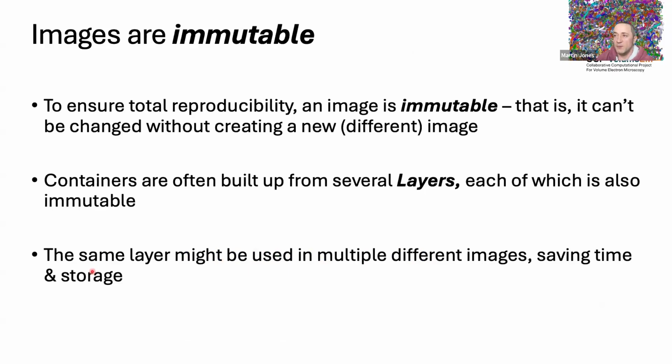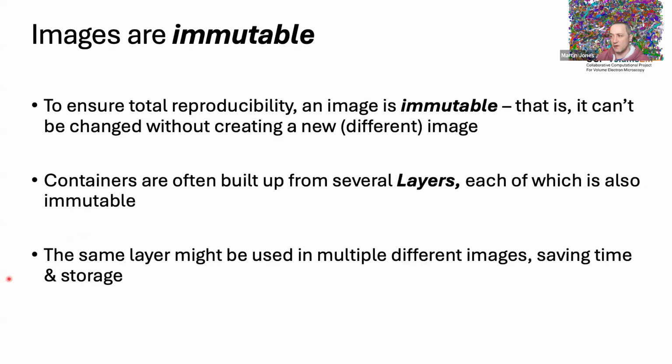Okay, so an important feature of these images is that they are immutable. That is, they can't be changed without you creating a new, different image. Container images are often built up from several layers, and each of those layers is also immutable. What this means is I can have individual layers that I've used in different builds that I can use in other builds.